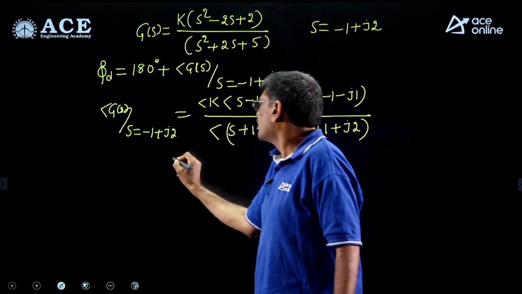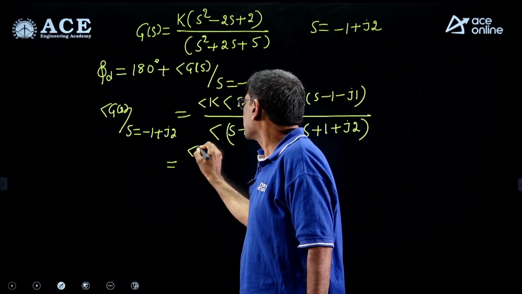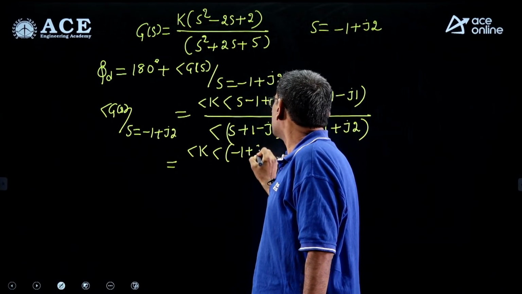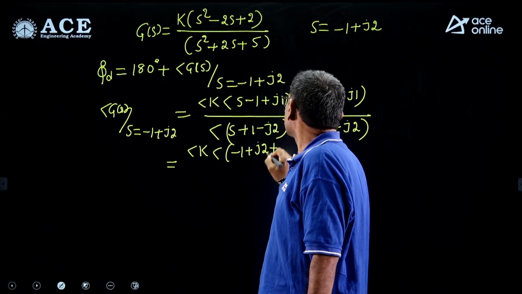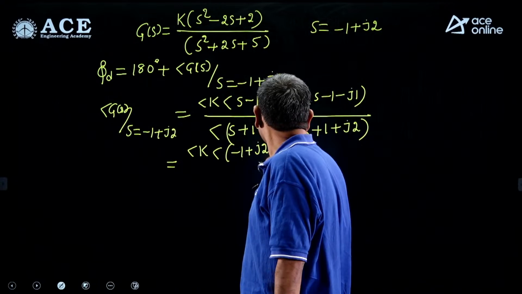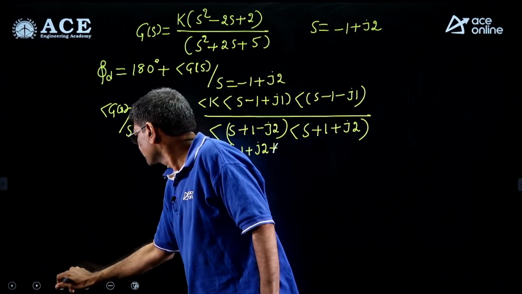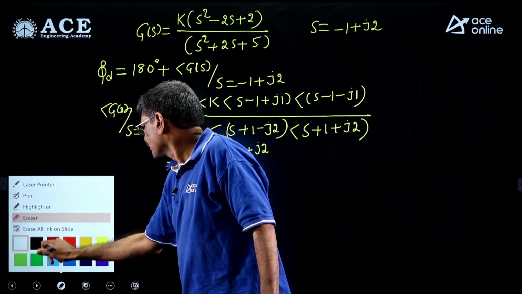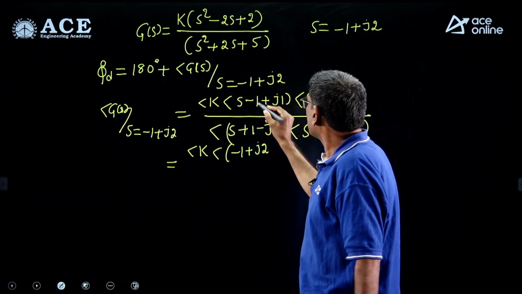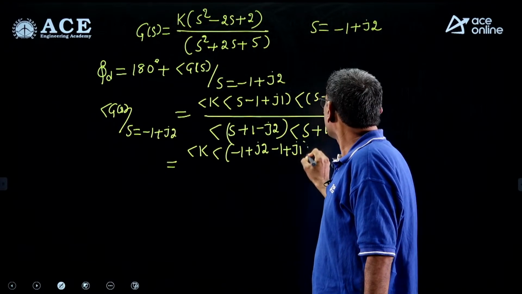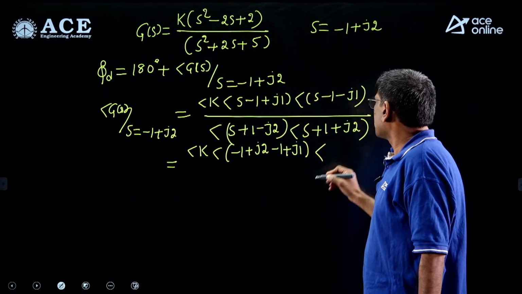Now substitute S equal to -1 plus J2. So angle of K, angle of -1 plus J2 plus -1 plus J2, S replaced by -1 plus J2.